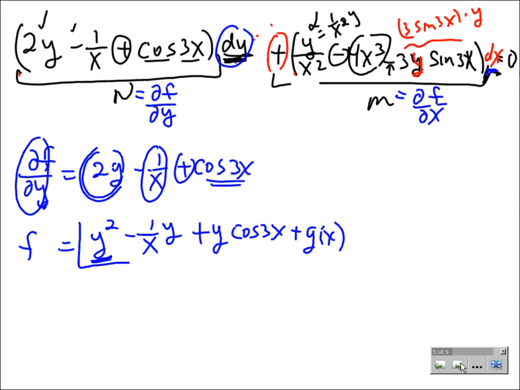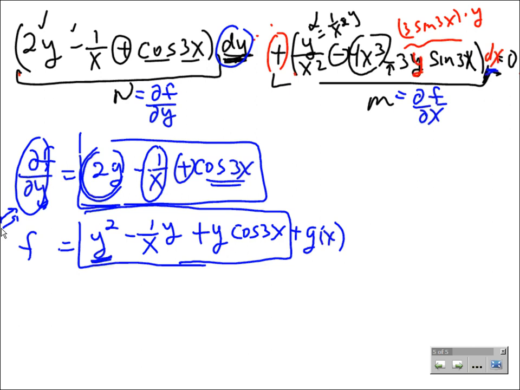Now remember, if I did it right, when I take the derivative of that with respect to good old y, I will get this. But now, even if I add on the g of x, g of x is just a function of x. Maybe it's 3x cubed plus 4 ln of x minus e to the 3x plus 11.